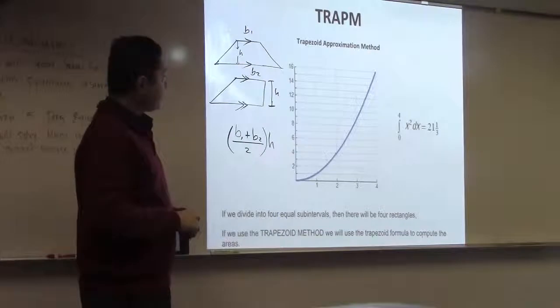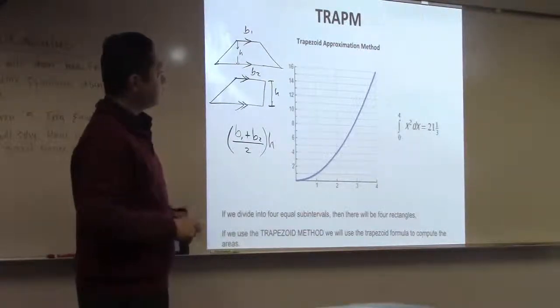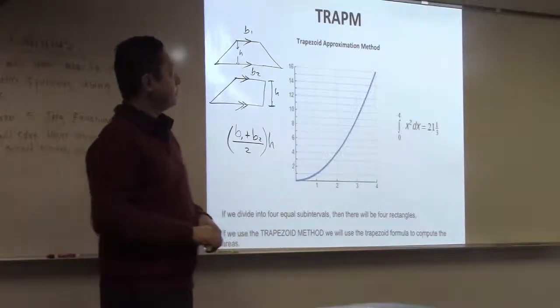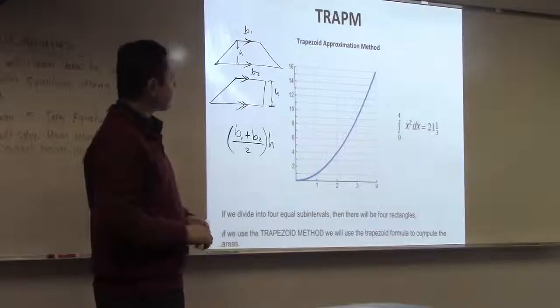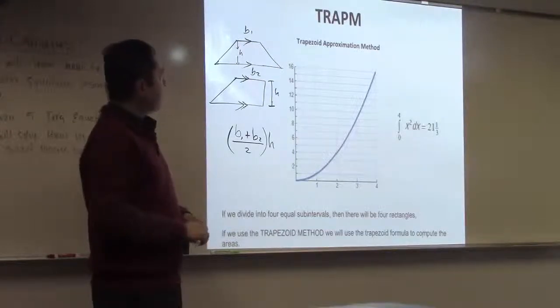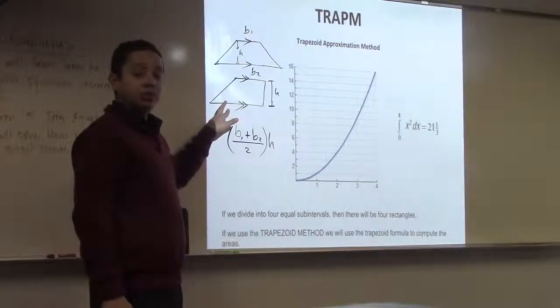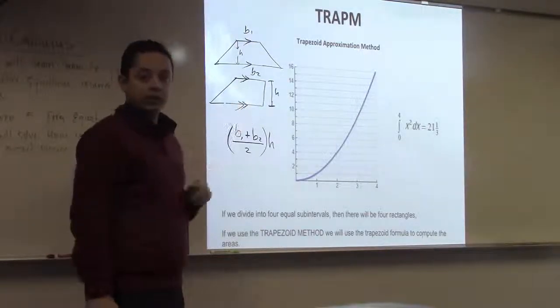Now, the trapezoids that we're going to be working with on the approximations, they are going to be resembling this type of trapezoid, the one that is flat in one of the sides.